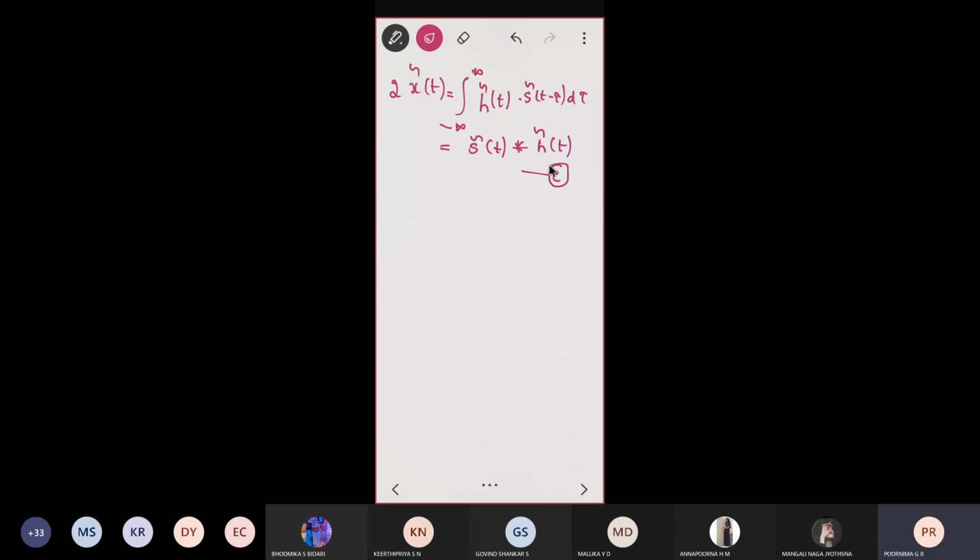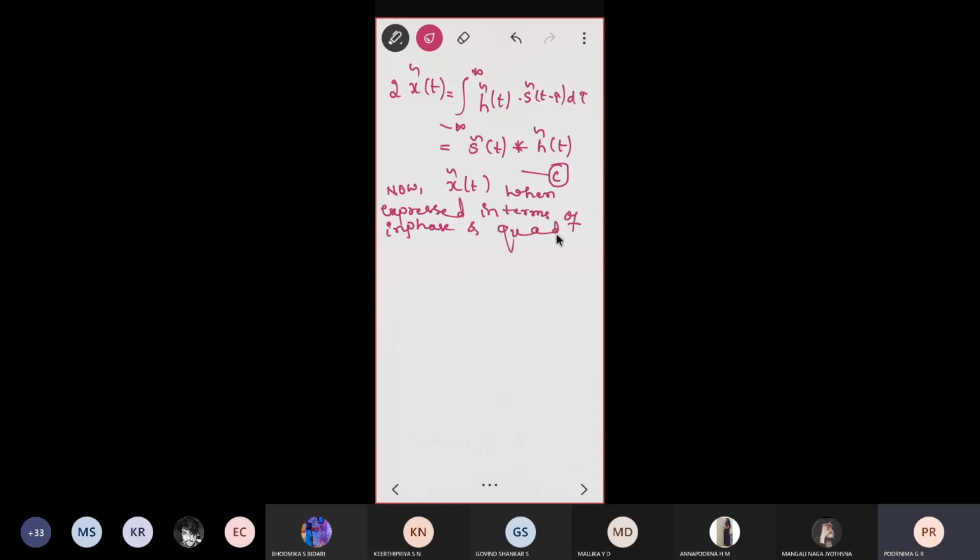Now let us consider the complex envelope x tilde of t when expressed in terms of the in-phase and quadrature components.